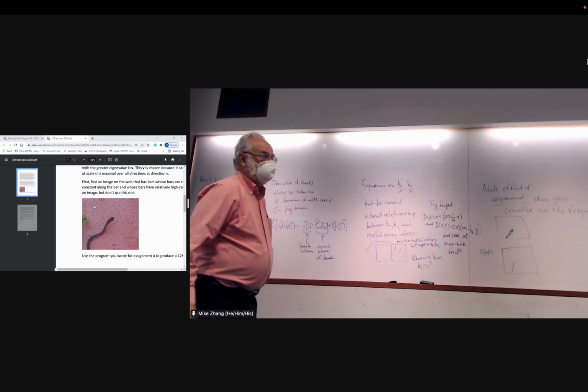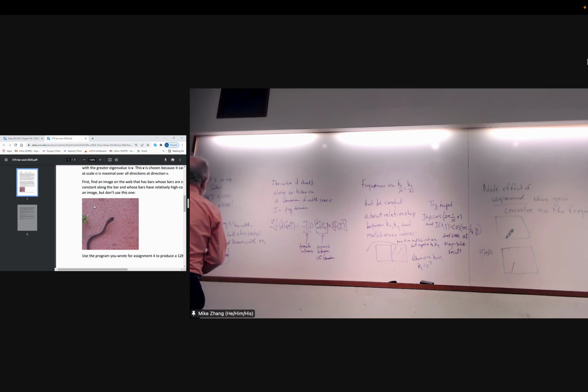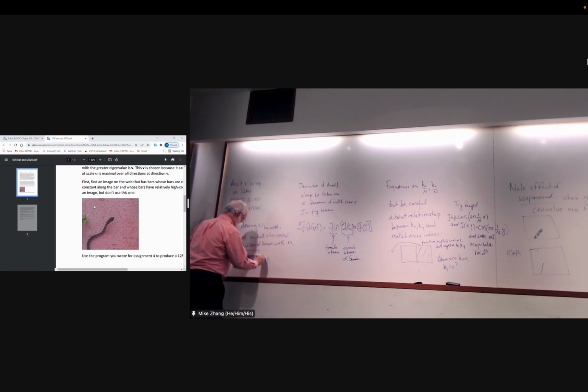The other issue is you have a bar, and you have a second derivative of a Gaussian cross-section, if you will. And this width is proportional to sigma. And you're trying to get a width that gives you the strongest result for a bar of particular width, and you need to know that ratio.